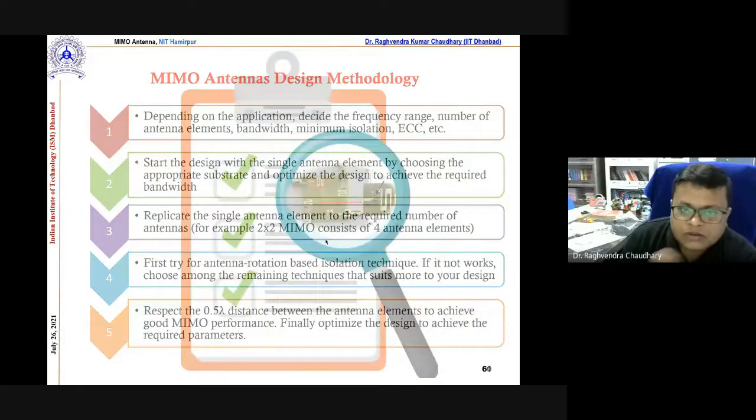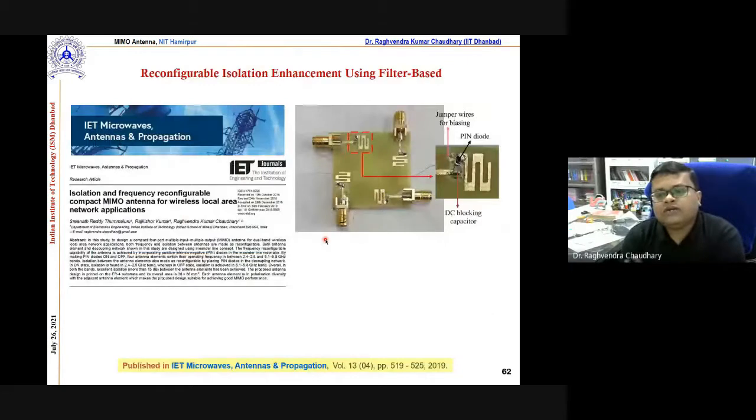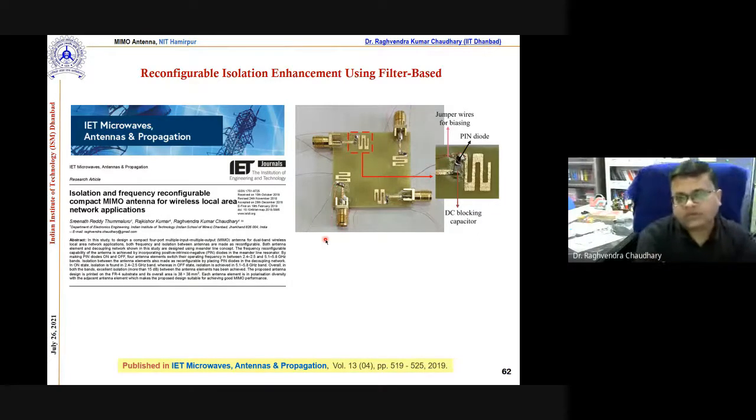Now, I would like to present what we did at IIT Guwahati. We started this in 2018, particularly printed MIMO. This is one of our contributions, a very good paper, and here for isolation we handled two things: one is the orientation, the other is the decoupling network.